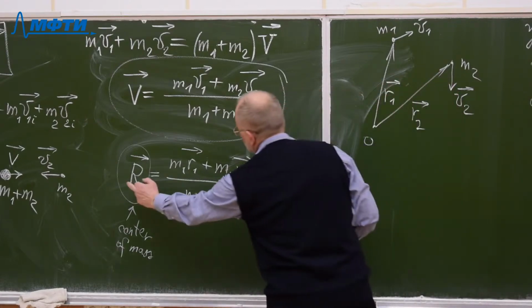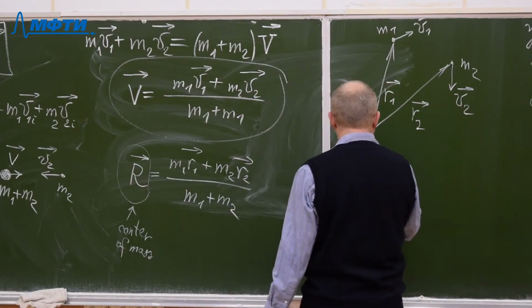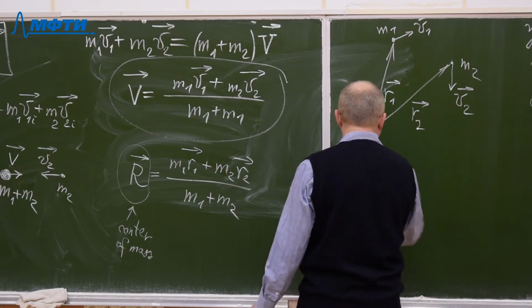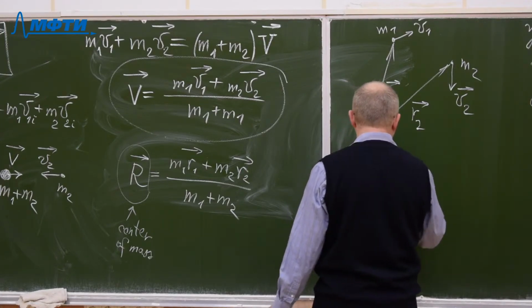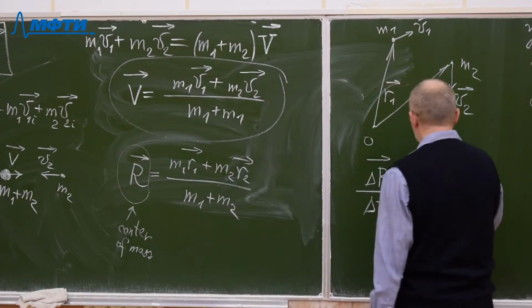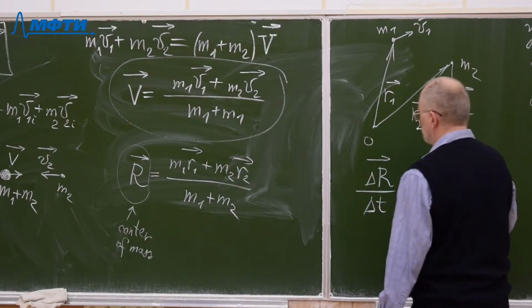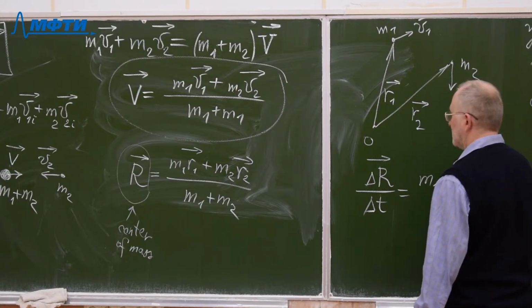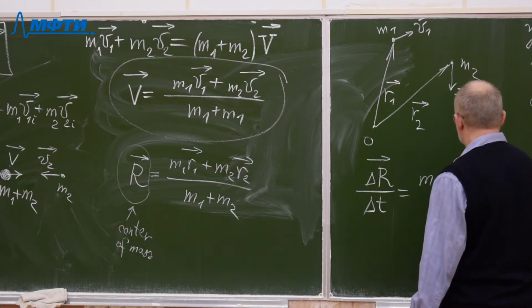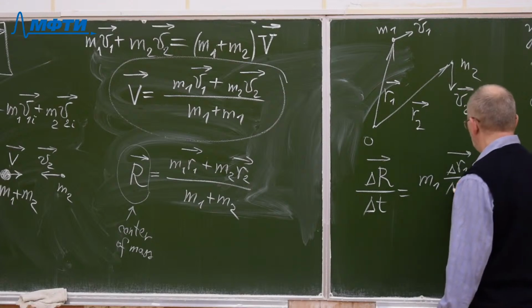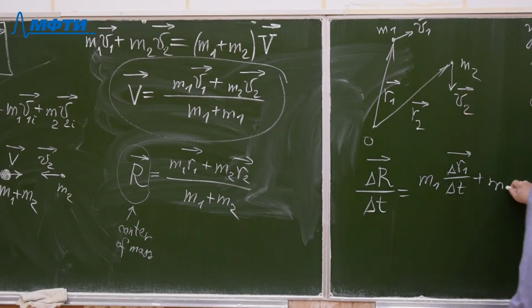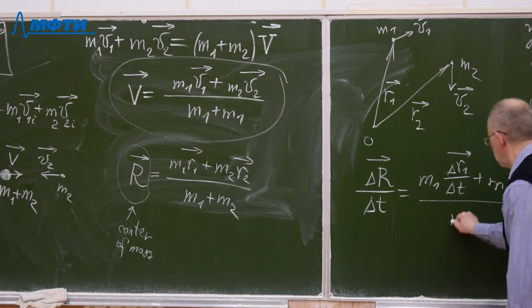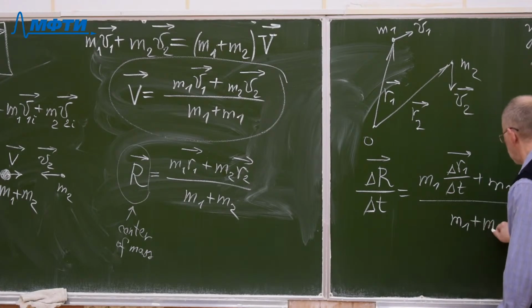And the rate of change of vector r will be delta r over delta t, and here it will be expressed as m1 delta r1 over delta t plus m2 delta r2 over delta t, divided by the total mass of the system of particles.